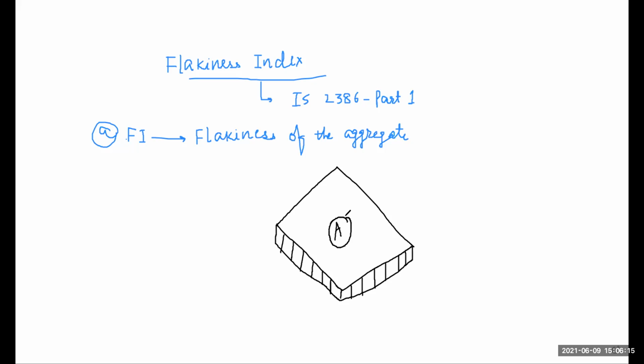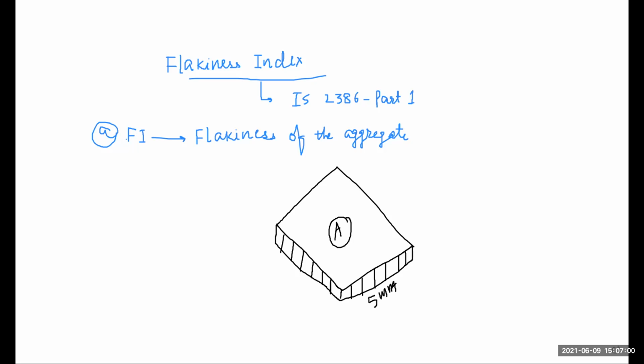I indicate aggregate by A. I take this example only for understanding purposes. Practically, we do not find aggregate of this size or this geometry. For understanding, I take this example that this is your aggregate, and I also mark certain dimensions. I again repeat, I take this example only for your understanding. Practically, we do not find aggregate of this geometry.